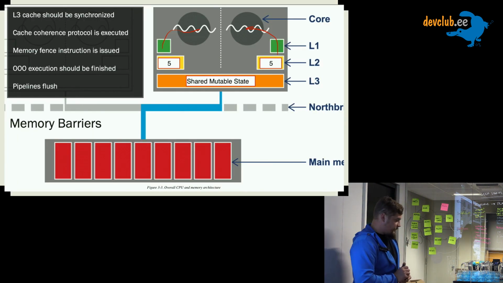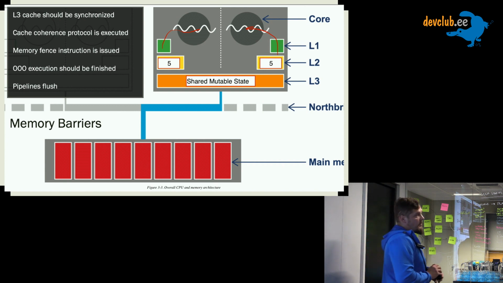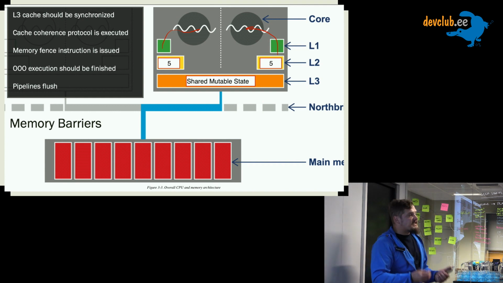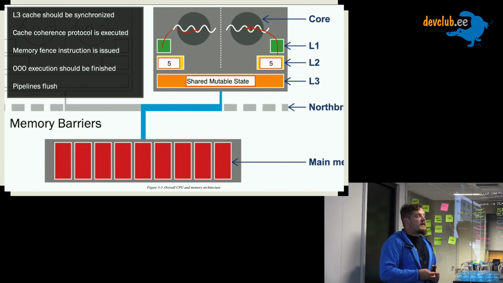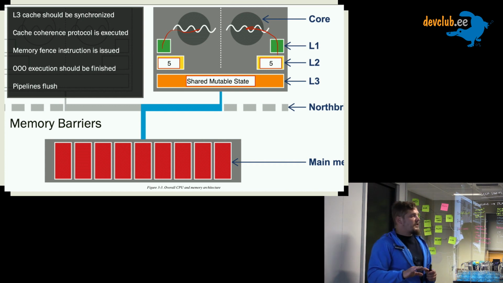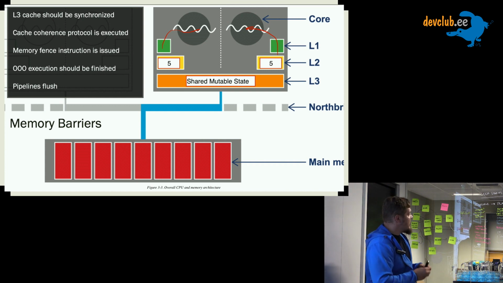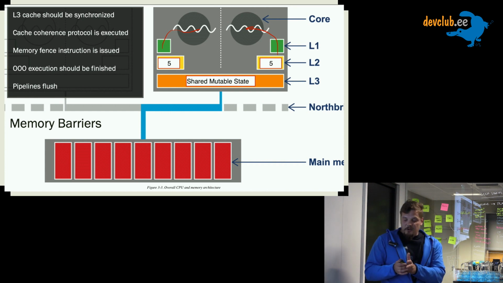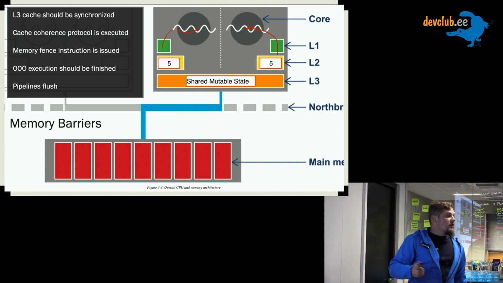And here is how it looks. In a processor there is a special set of instructions called memory barriers or fence instructions, and there are different variations of that. For example, for read and write operations, but in general it means that all the operations which are executed in core pipelines should be finished.